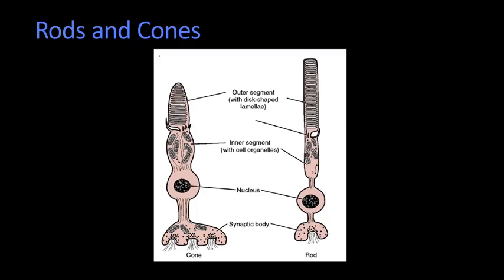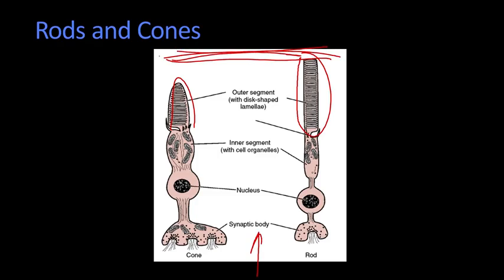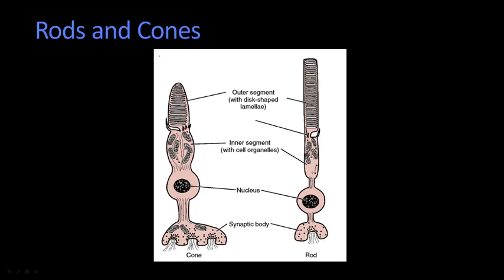They have a similar structure. They have what we'll call an outer part, but remember, the pigment epithelium is up here and the light comes in that way. It's called the outer part because of this inverted retina arrangement. This part has disc-shaped elements that react to light, and they react to different wavelengths of light. We'll talk about the different wavelengths in a minute.